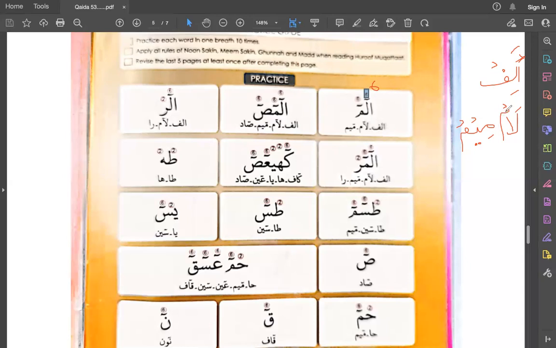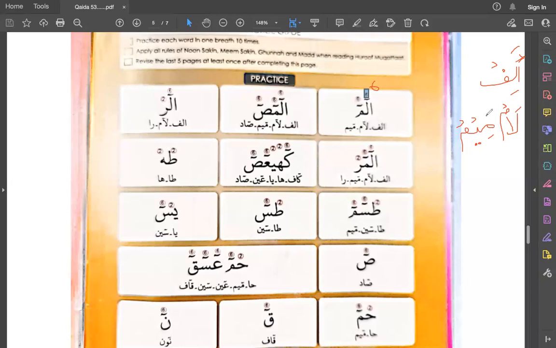Yes, the qaida of mim sakina, and the qaida of mim sakina says when there is mim after mim sakina, then you will apply idgham shafawi. Idgham. You are merging the sound of mim into mim.